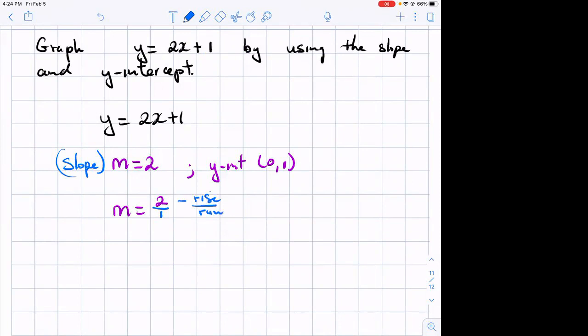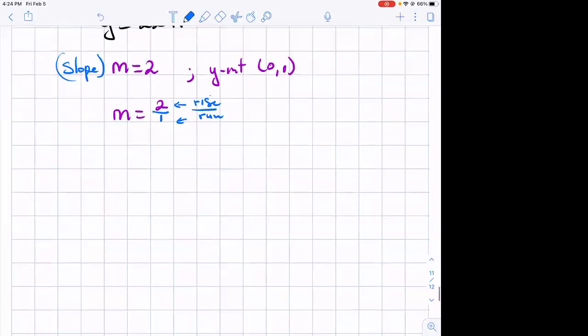Formula you will see later. Okay? The bottom number is the run, the top number is the rise. And we can use this to graph equation of lines. Now remember, you only need minimum 2 points to get a straight line. Okay? And that's what I'm going to do.